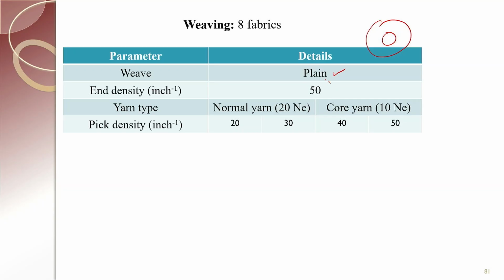The end density is 50, and with normal yarn, 20s yarn and 20s coarse spun yarn we have used. With normal yarn we have produced 4 fabrics with 4 different pick densities 20, 30, 40, 50, and similarly for coarse spun yarn. So, a total of 8 fabrics were produced.